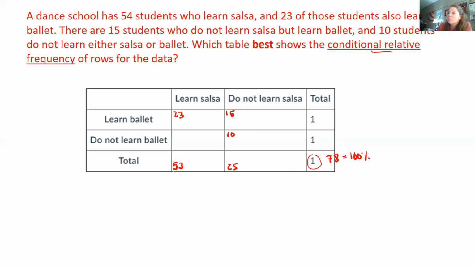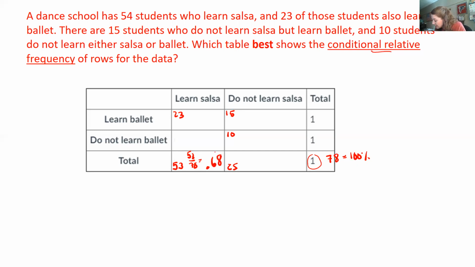So what percent of those 78 learn salsa? Well, then we're going to divide 53 by 78, and that would be, let's see, 53 divided by 78 is 0.68.